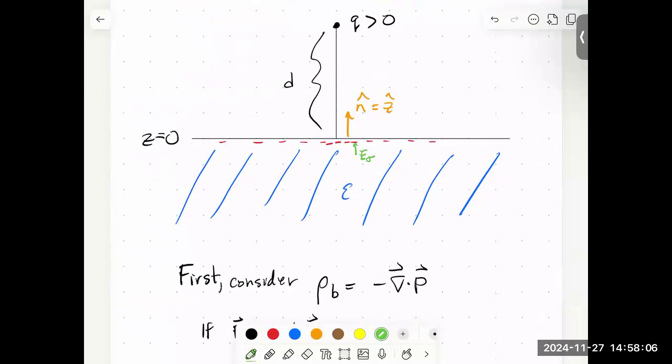But we've done this kind of problem before where you have a surface charge, like capacitor plates. The electric field between a capacitor is sigma over epsilon naught. So you get sigma over 2 epsilon naught contributions from the top plate and from the bottom plate, and then they add up and that factor of 1/2 cancels. Here, we don't have two charge plates, we just have a single plate.